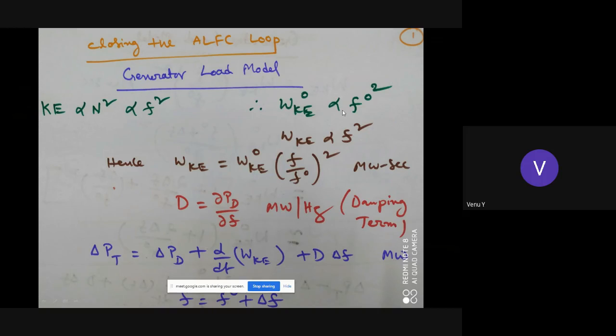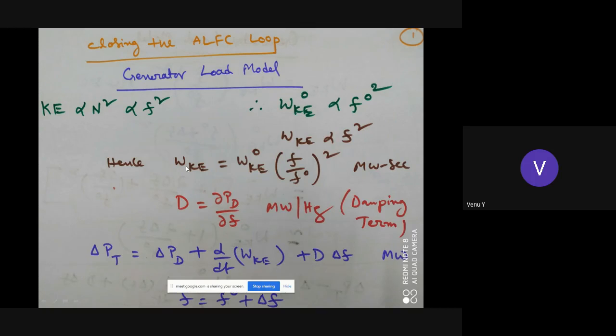Therefore, the proportionality constant may be k, and hence Wke equals k into f square, and Wke naught equals k into f naught square. Now divide both of them: k gets cancelled. So Wke by Wke naught equals f by f naught whole square.